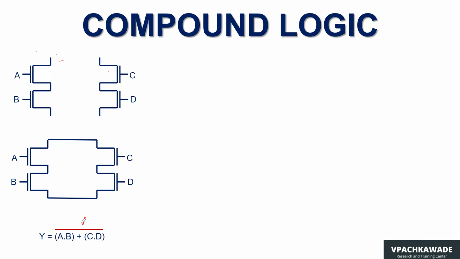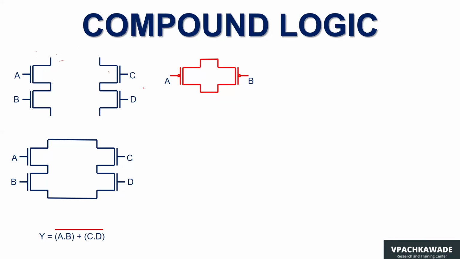Now you have to see that there is a bar on the expression. So that means you have to take the complement of this whole logic. And to do so, what you need to do is use the PMOS transistors to implement the complementary logic. So obviously, what you do here, your A and B NMOS are in series. Therefore, for PMOS transistors, A and B are in parallel to each other. Because these are in series in NMOS, the PMOS goes in parallel.